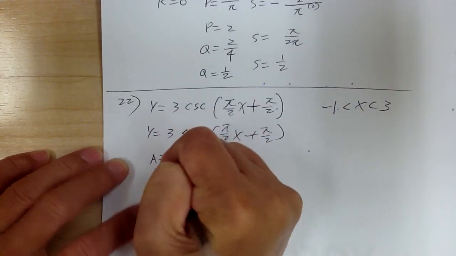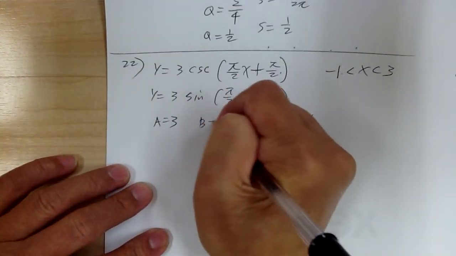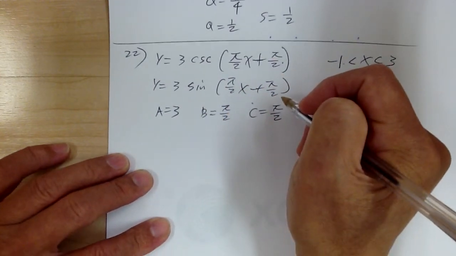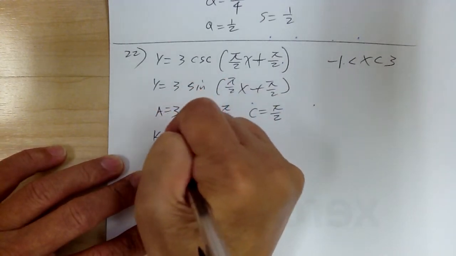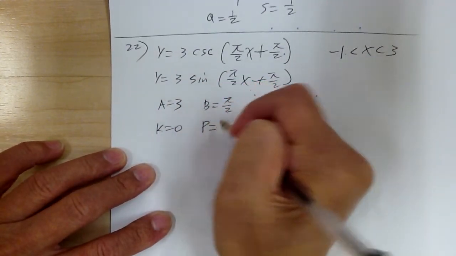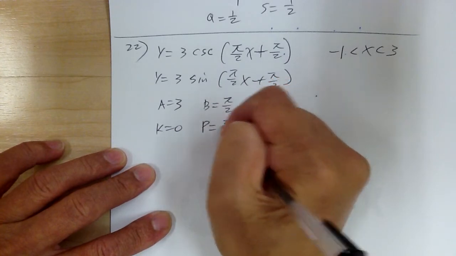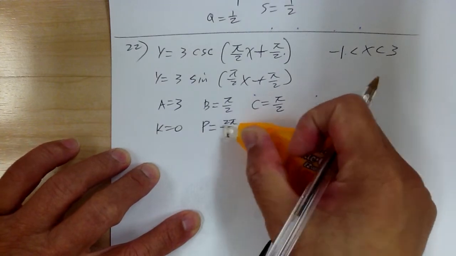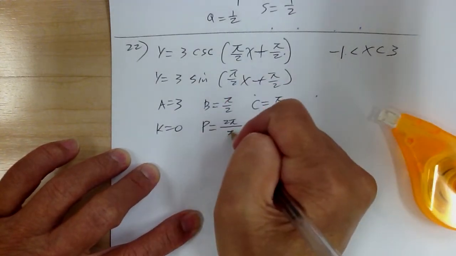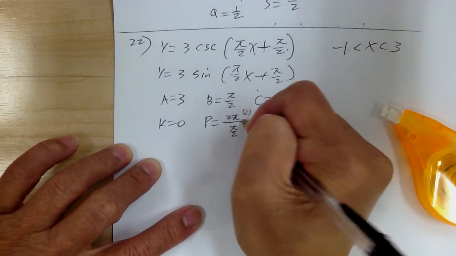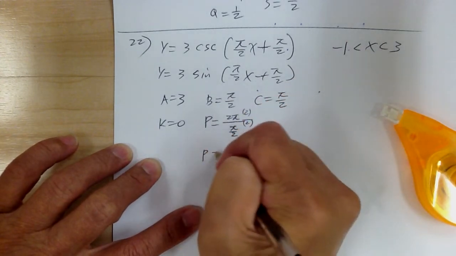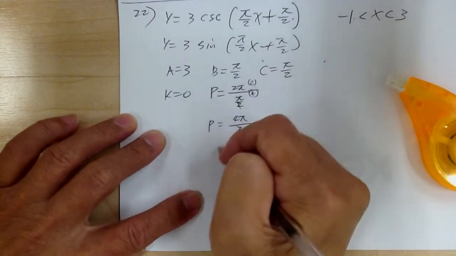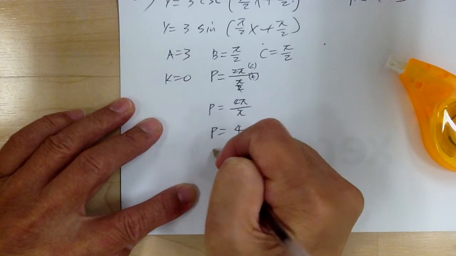So a equal to 3, b equal to pi over 2, c equal to pi over 2. So k equal to 0, p equal to 2 pi over b, and b is pi over 2. So multiply by common denominator. So p equal to 4 pi over pi, right? The pi's cancel out. So p equal to 4, so q equal to 1.